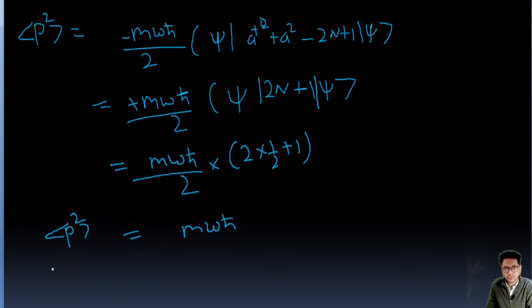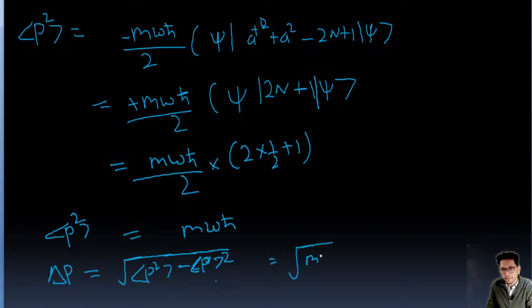Now Δp, that is the uncertainty in p, is going to be the expectation value of p squared minus p average whole square, right? This value is 0, so it is going to be mωħ minus 0, and that is going to be root mωħ.